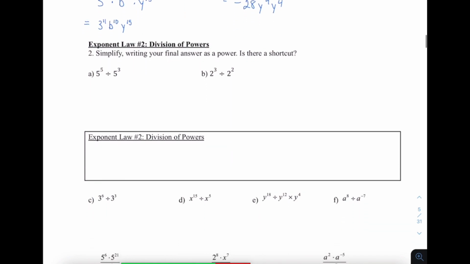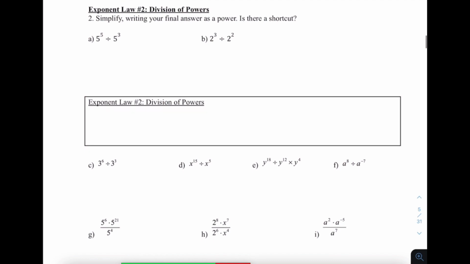Now let's move on to the next law. The next law has to do with the division of powers. If I were to write this using repeated multiplication, instead of using the division sign, I can write it as having a numerator and denominator, and then write this as repeated multiplication.